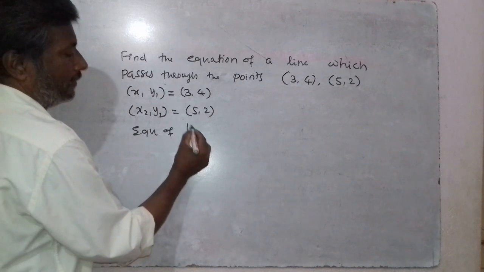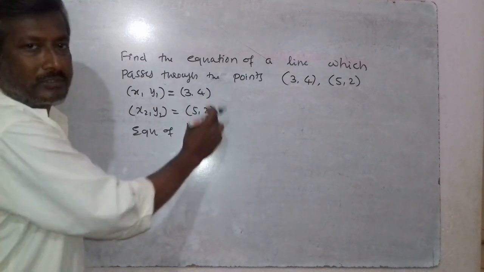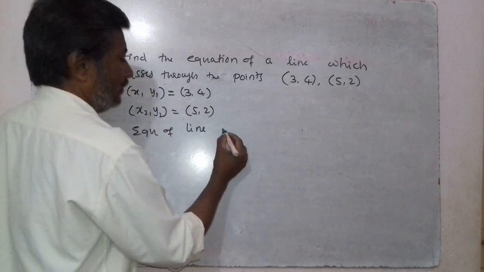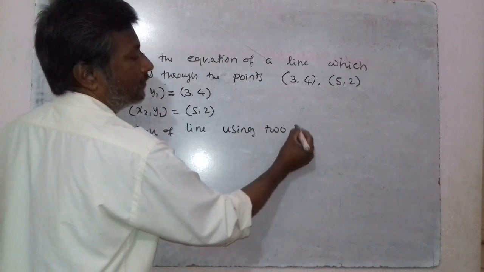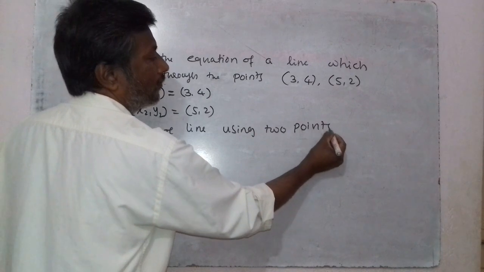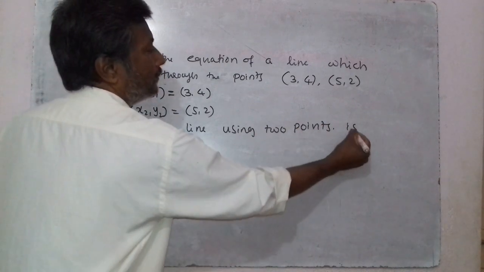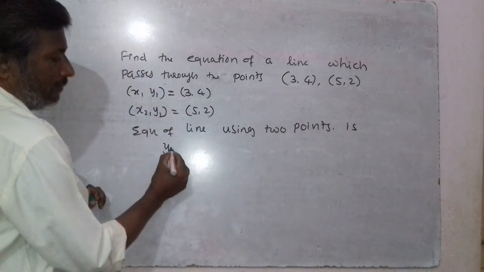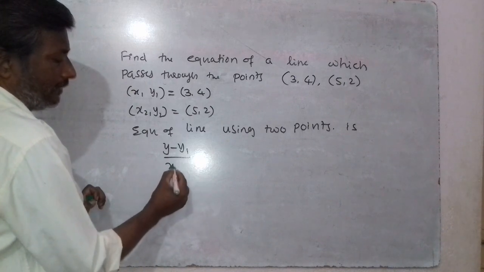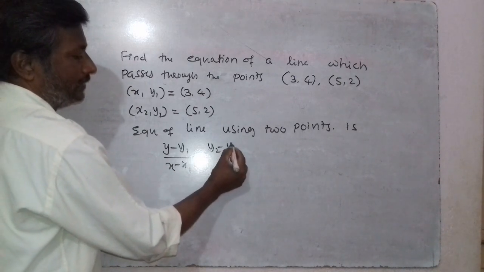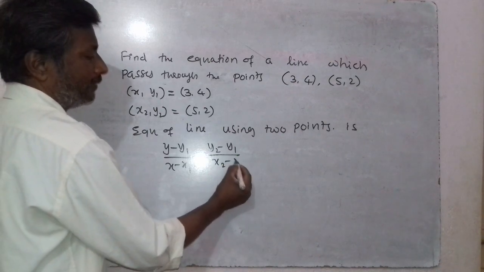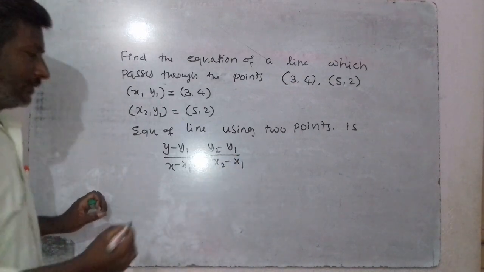Equation of the line using 2 points is (y minus y1) divided by (x minus x1) equals (y2 minus y1) divided by (x2 minus x1).